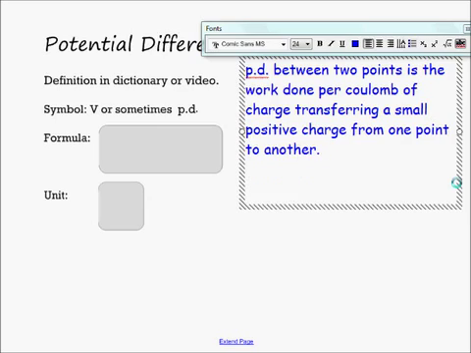It is also a scalar. So that's one way of doing it.